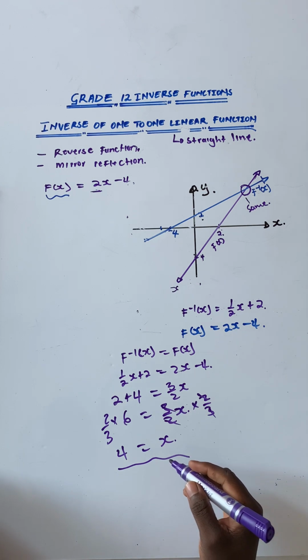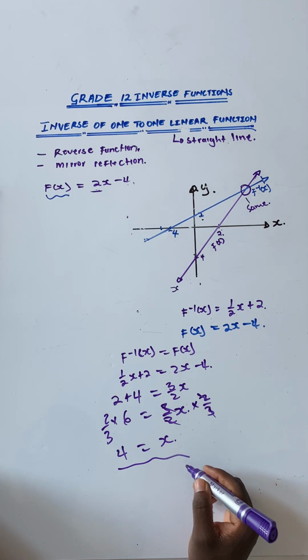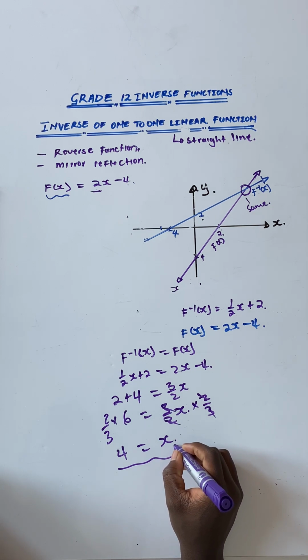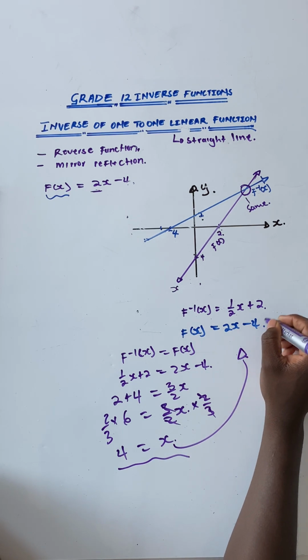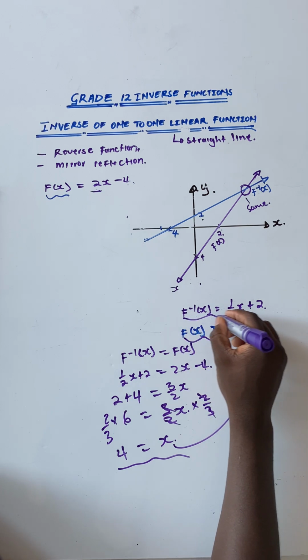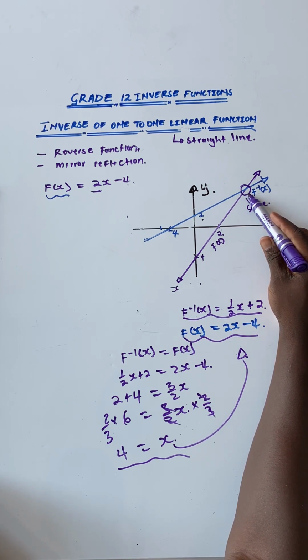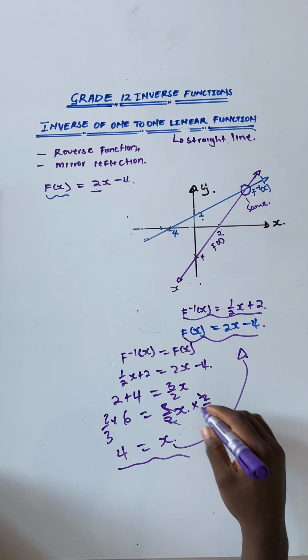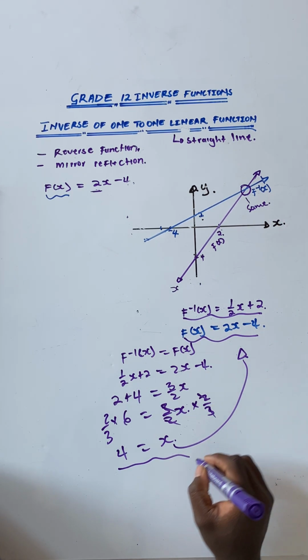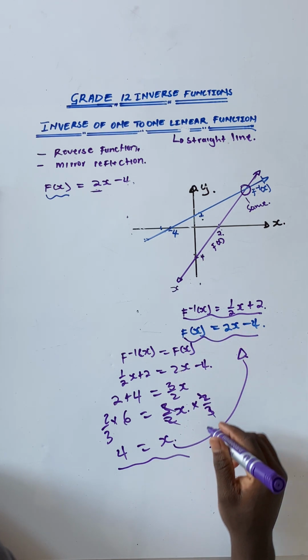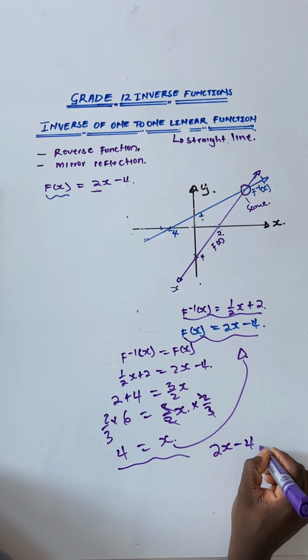So what can we do here to find the y value? Because remember, we wanted the coordinates. We can just take this x here and put it in either of these equations, because at this point both the x values and the y values are equal. So let me find the y value using this one here. So 2x is equal to 4.